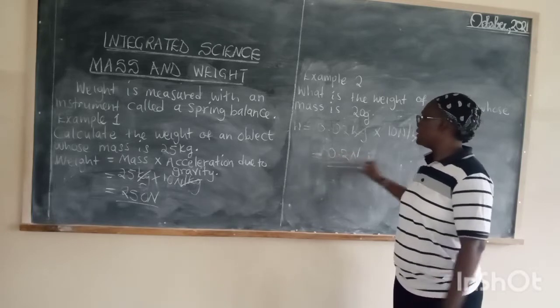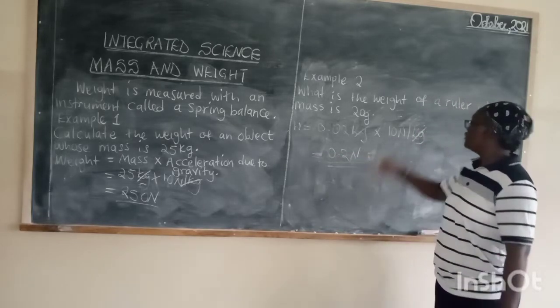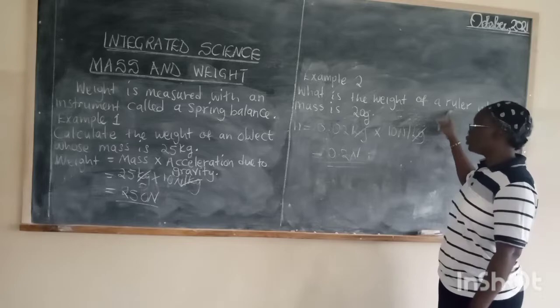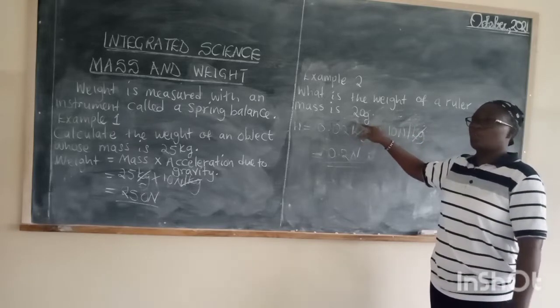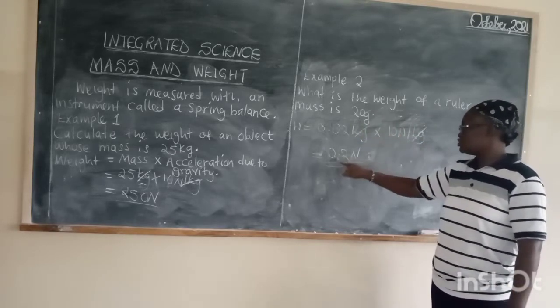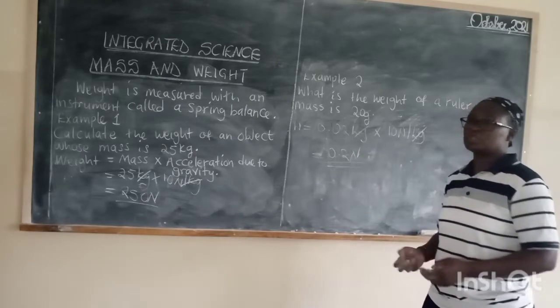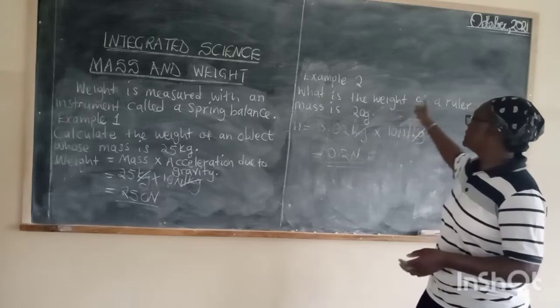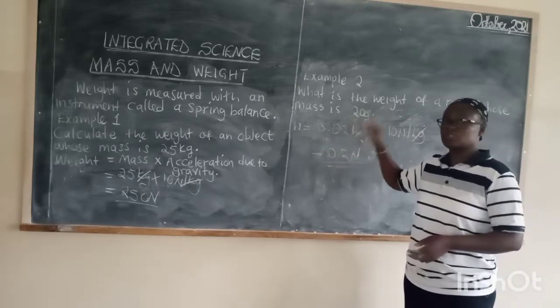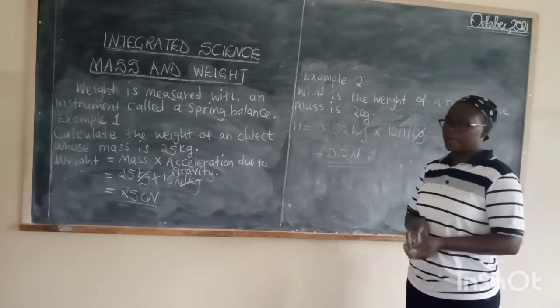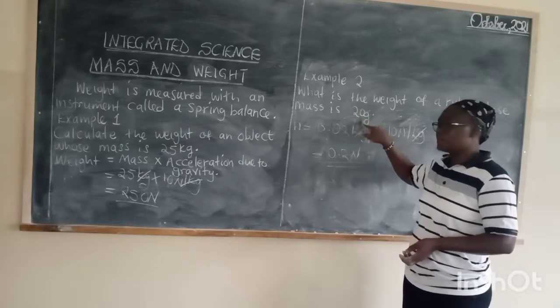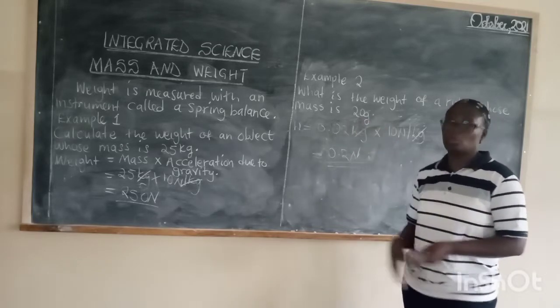So the weight of this object, this ruler, which was weighing 20 grams, is 0.2 newtons. So what you need to do is that don't forget the acceleration due to gravity, which is 10 Newton per kg. And if you are given a question in grams, you need to convert this gram into kg.